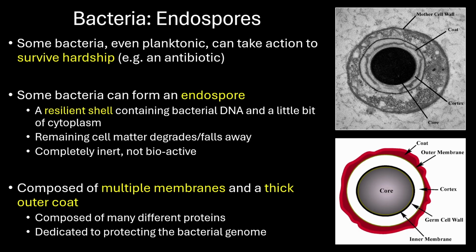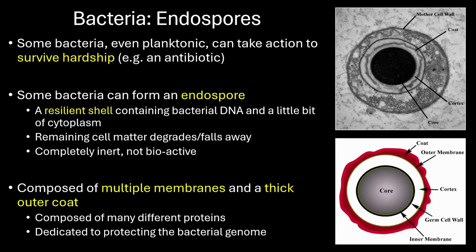The cell does this when it becomes stressed, when it is experiencing some kind of environmental stress, and it makes the decision that it needs to survive, even if it must go inert for a long time.